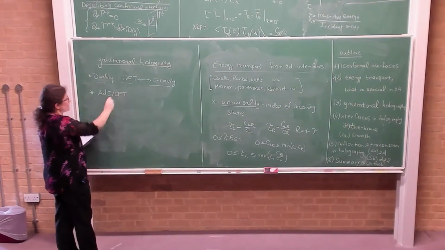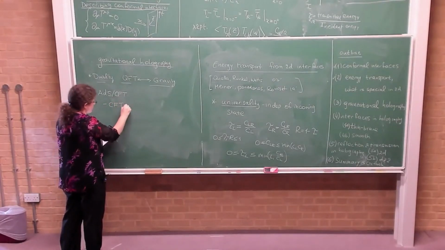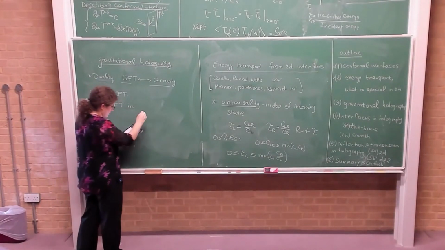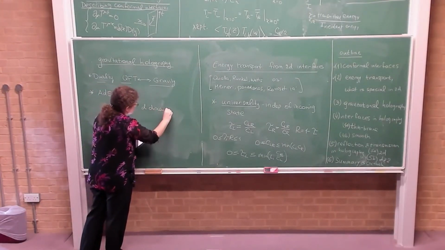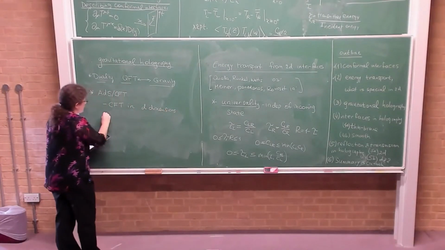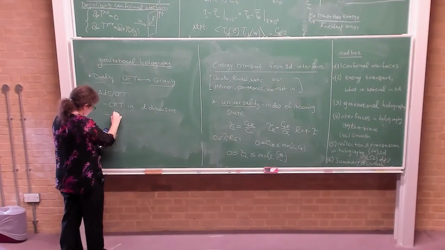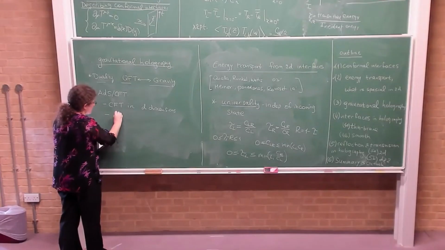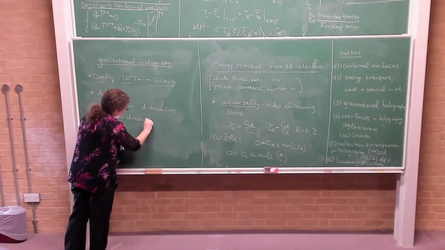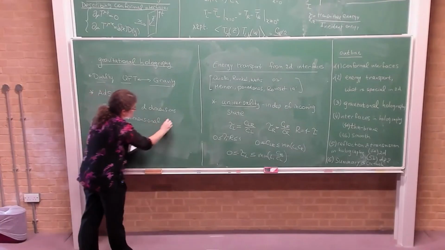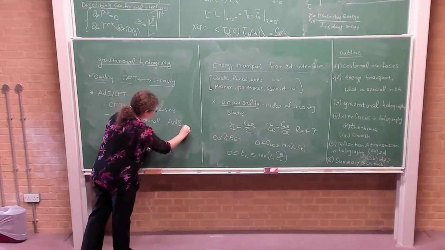In which the two sides of the duality are a conformal field theory in d dimensions without gravity, and on the gravity side, a d+1 dimensional anti-de Sitter space, which is a solution to Einstein equations with a negative cosmological constant.